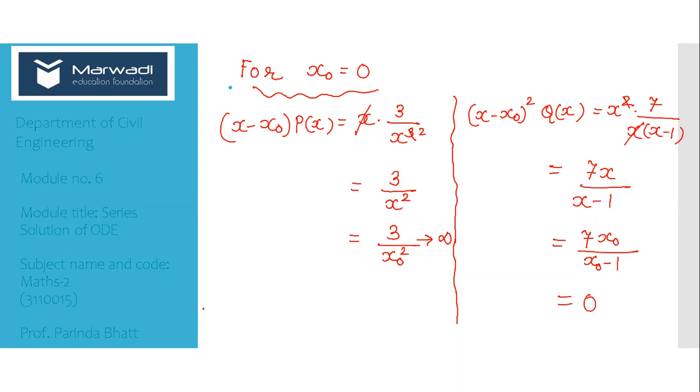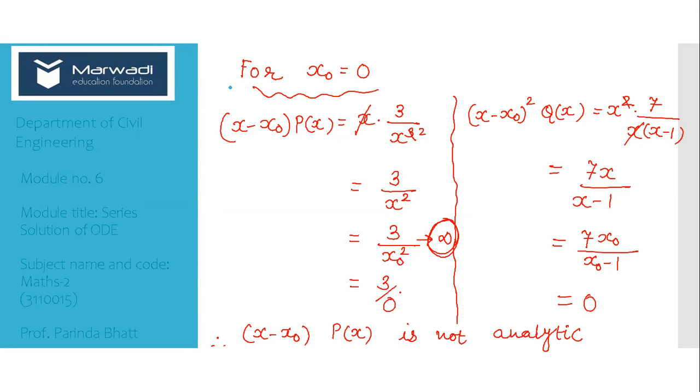Therefore, x minus x0 times p of x is not analytic. Why not analytic? Because we are getting infinity over here; when you apply 3 by 0, this is infinity.